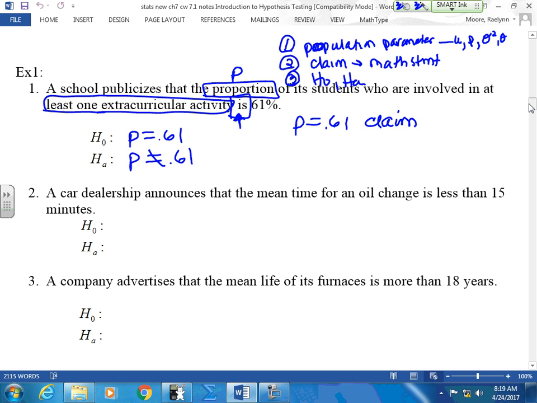Okay. A car dealership announces that the mean time for an oil change is less than 15 minutes. I look to see first, what are they talking about? What's my population parameter? Mean. Mean time. And nobody usually says mean time, they say average time. So if it says average time, we still know that it's the mean.